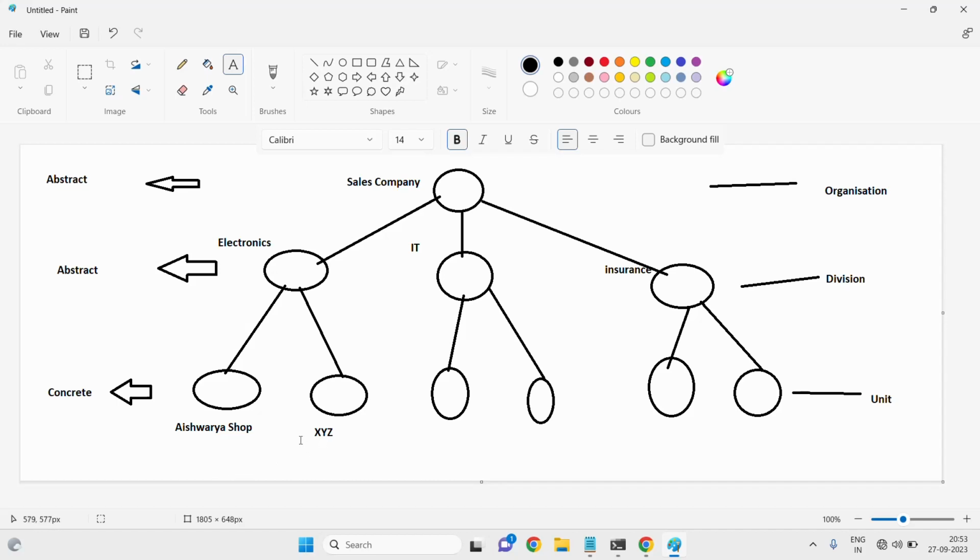Okay, let me explain what the purpose of abstract classes and concrete classes is, and how you relate it with this. Okay, now for example, if you want to buy a laptop from Aishwarya shop: the sales company is a company, in that you have the electronics division, and in that electronics division you have Aishwarya shop and XYZ shop.